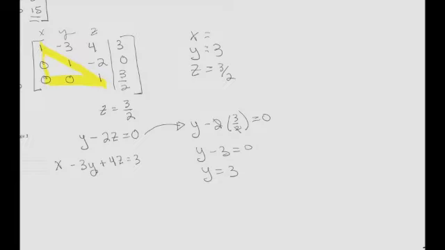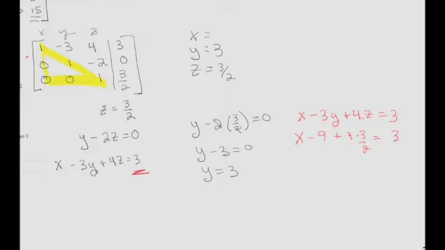Top row, if you want, right? If 1x minus 3y plus 4z equals 3, then I'm sorry, x minus 9 plus 4z, so 4 times 3/2, equals 3.